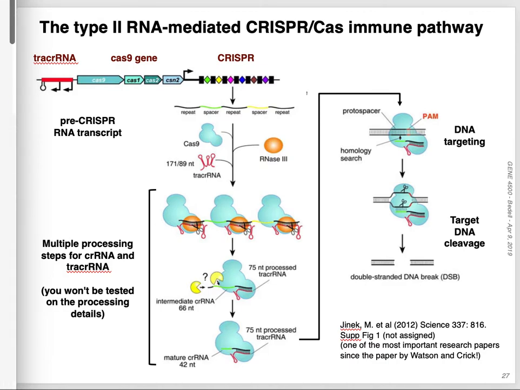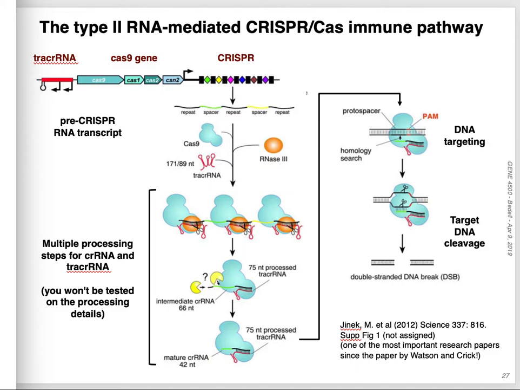So there's actually 2 RNAs involved that are required for this type 2 adaptive immunity system. And the tracrRNA is really critical because without it, Cas9 is not able to find and process or even target the CRISPR RNA to the viral DNA. In the naturally occurring adaptive immunity system, you have to have tracrRNA.